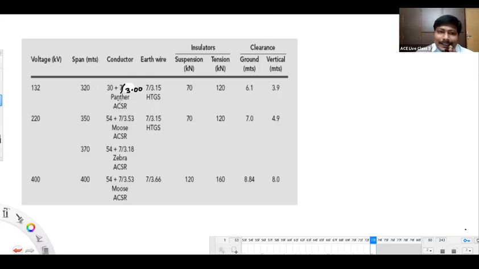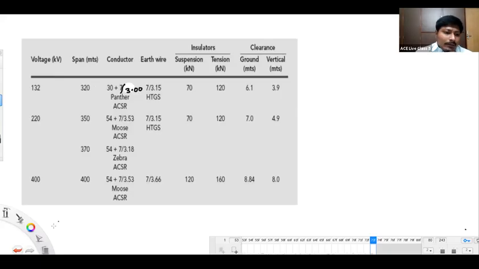So it's an ACSR conductor consisting 30 aluminum, 7 steel. That's the meaning. Okay. Next for 220 kV, 54 plus 7. 54 aluminum, 7 steel. Okay. Next here also 400 kV, 54 plus 7. 7 steel, 54 aluminum.